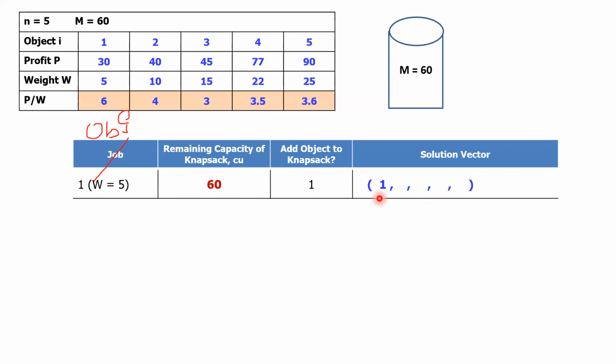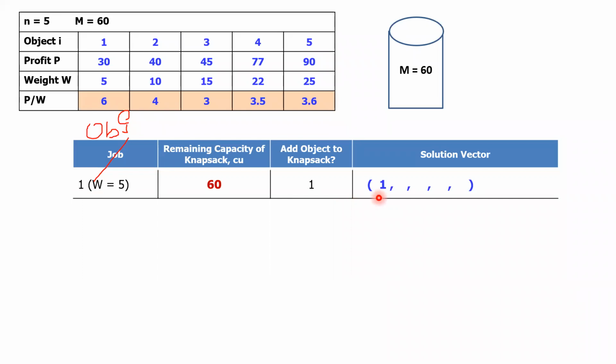Each place will indicate the status of an object. This is the place which indicates the status of object 1, the status of object 2, this location, the status of object 3, and so on. So for now, I have decided object 1 will be fully filled, so I'll put a 1 at the first place in the solution vector.